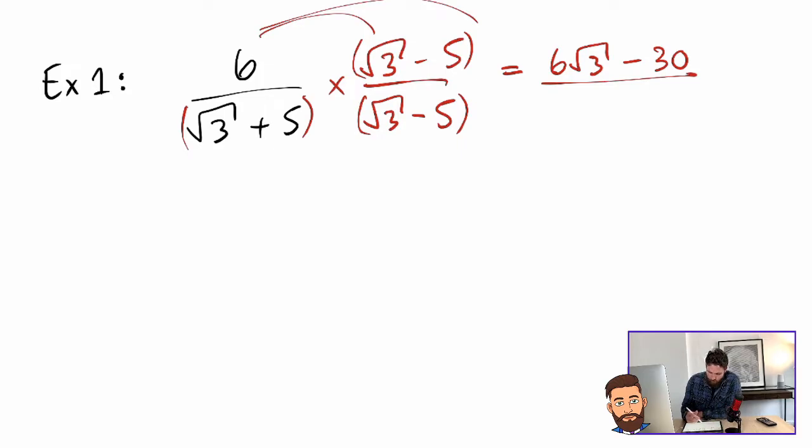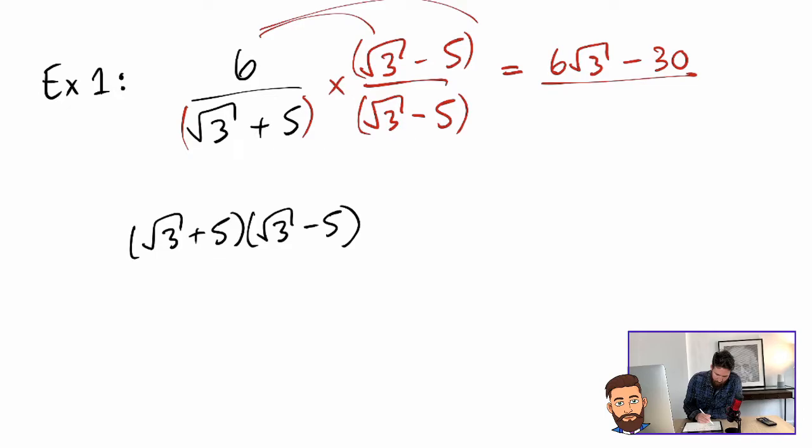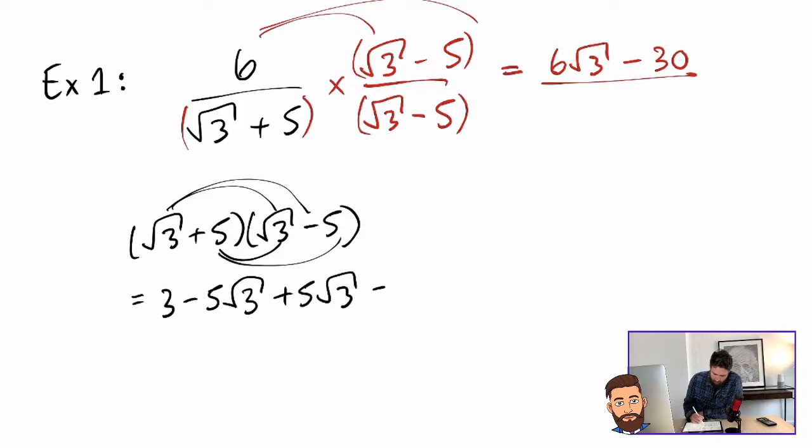Now I always recommend you take the bottom two denominators and write them out again, so you've got some space to work on them. So we're going to do root 3 times root 3 is 3. Root 3 times minus 5 is minus 5 root 3. And you should be getting good at these now. 5 times root 3, the expanding part, that is plus 5 root 3. And then minus 5 times plus 5 is minus 25.